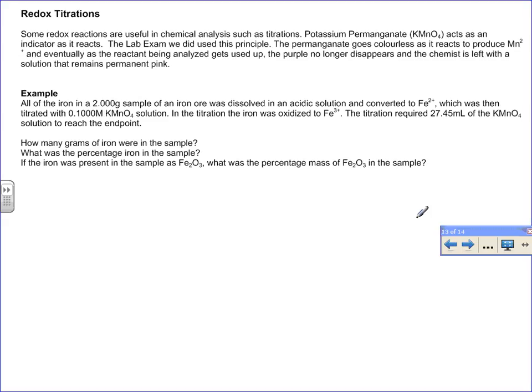So we're doing an example here where we've got a 2-gram sample of iron ore, and we're dissolving it in acid. And so all of the iron in that sample is being converted into Fe2+. So now we've got this solution of Fe2+, and we're going to titrate that solution with permanganate.